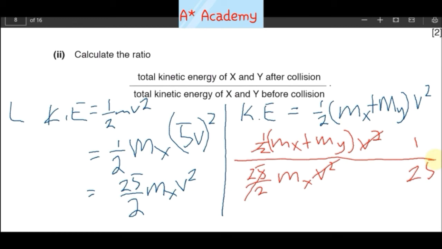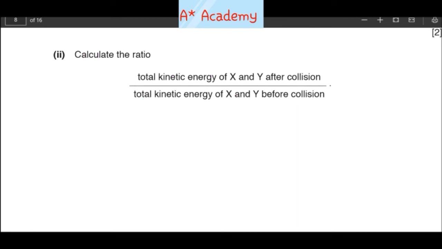Then we have to remember that my is 4 times mx. So up there, this thing here is equivalent to 5mx. So we have 5mx over mx.